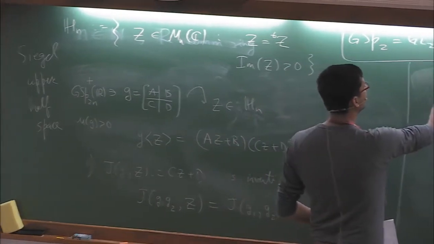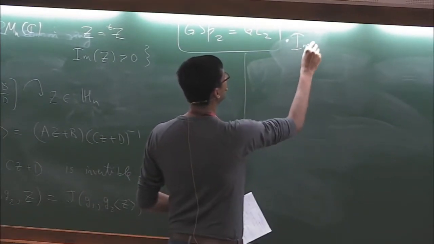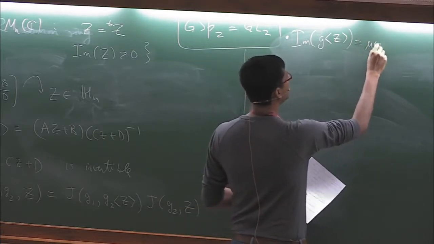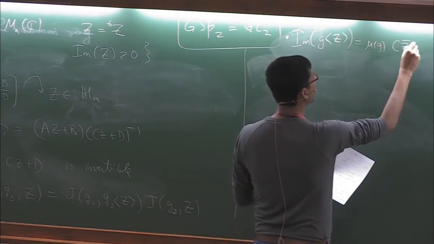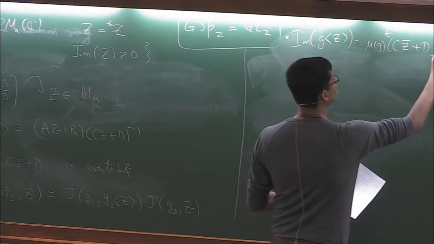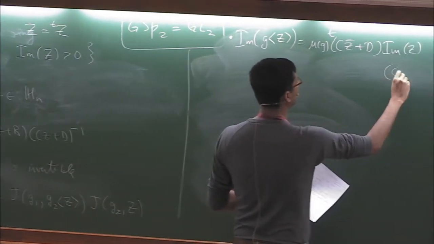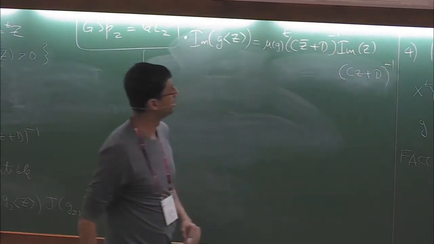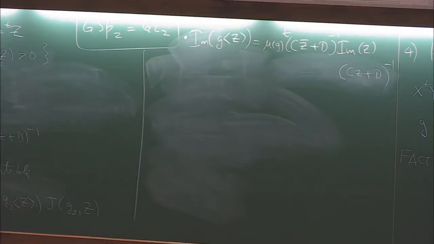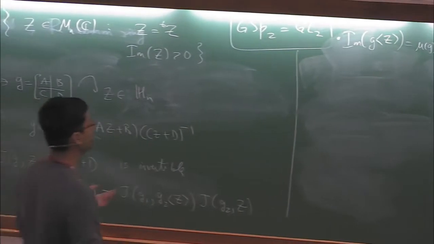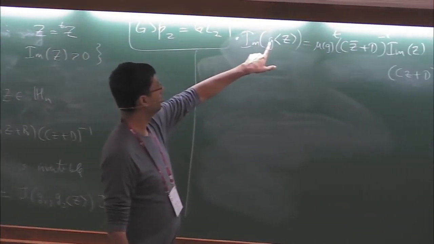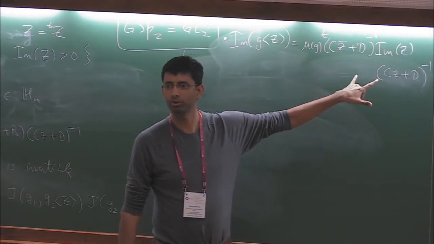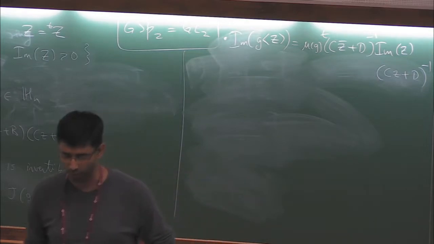For example, you can show that the imaginary part of gz is given by mu of g times (C z bar plus D) transpose, inverse, imaginary part of z times (Cz plus D) inverse. Even though this looks complicated, in the genus 1 case the imaginary part of gz is y divided by the absolute value of cz plus d squared. So this is what you get when you look at everything in genus 1.